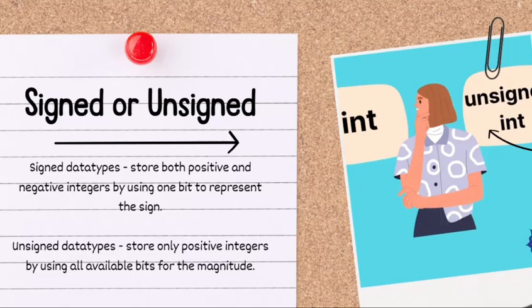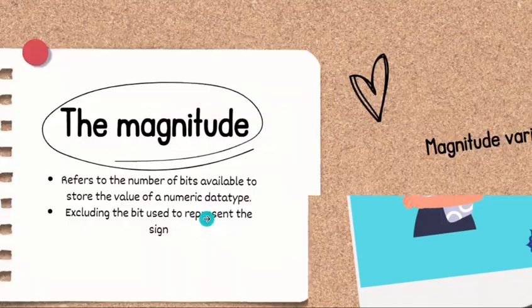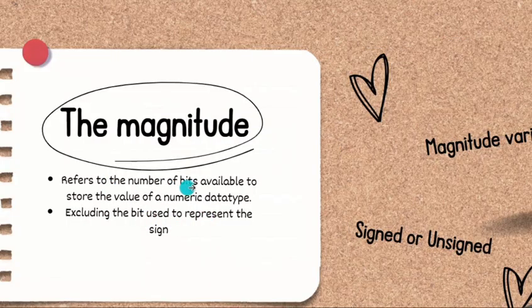Similarly, what is an unsigned data type? It stores only positive integers by using all available bits for the magnitude. So what is this magnitude? It refers to the number of bits available to store the value of a numeric data type, excluding the bit used to represent the sign. As I told you before, a character has 1 byte, which is 8 bits.